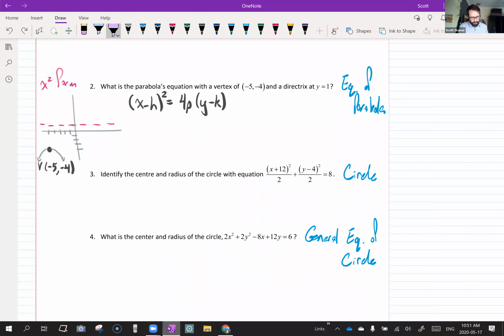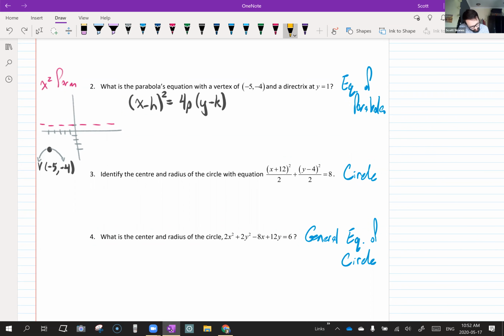So this is the formula. How do I get this p value? Can someone tell me? Does anyone know? Is there anybody out there who knows how to get this? Well, from the vertex to the directrix. Yes, the vertex to the directrix.